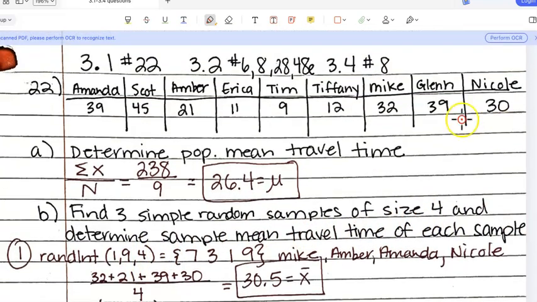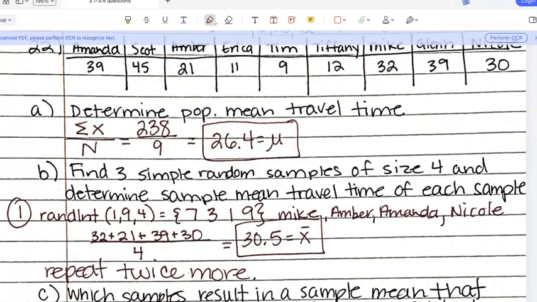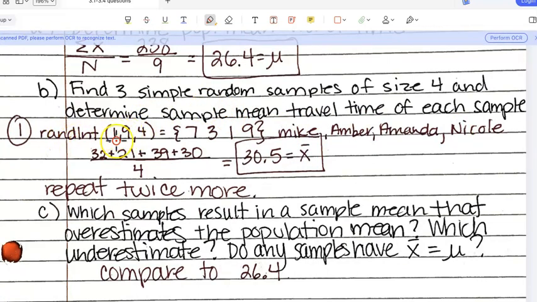So the way I had listed them, I made Amanda assigned number 1, Scott number 2, Amber number 3, so on and so forth. And so when I did this random integer in my calculator, the first time it popped out this. So that means person 7, person 3, person 1, and person 9 were selected for my first simple random sample of size 4, which were these 4 people.